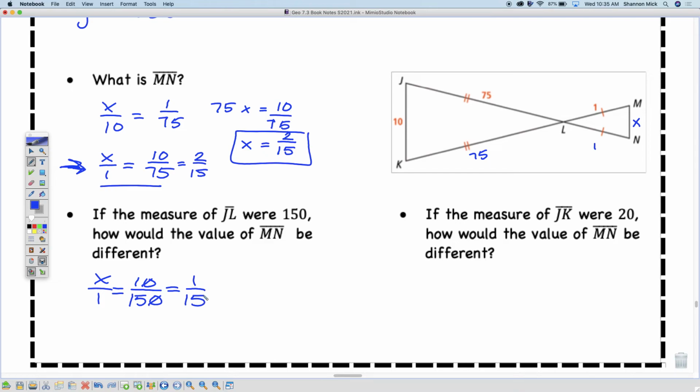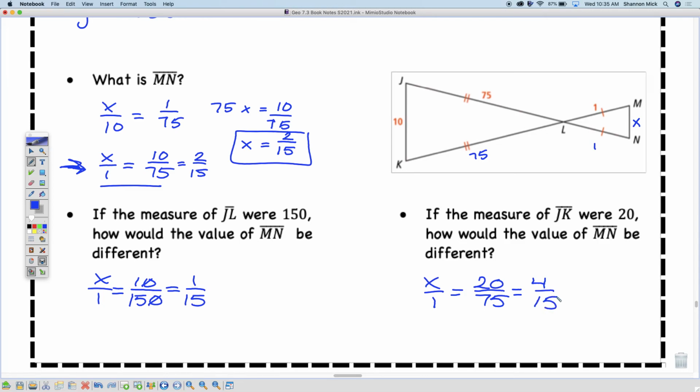Well, what happens if JK turns to 20? What part of my ratio would change? The top number. The numerator. So it'd be 20 over 75, right? Which reduced by 5 is 4 over 15. Yes? Okay.